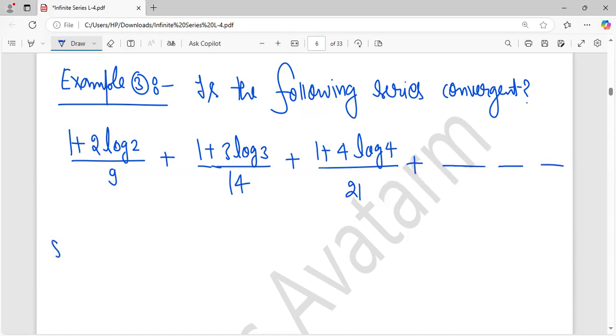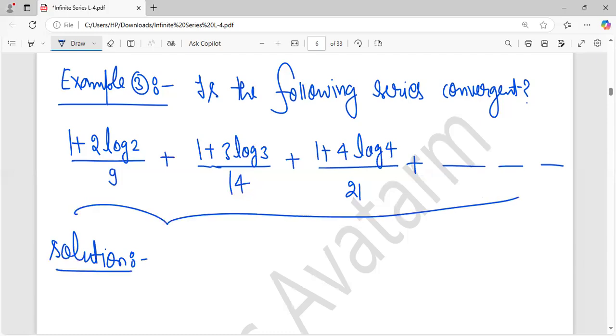Okay. So solution. How to write this series in summation form? What is the nth term of this series? The nth term is 1 plus n log n, and in the denominator it is n square plus 5.